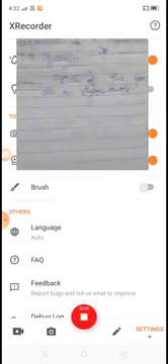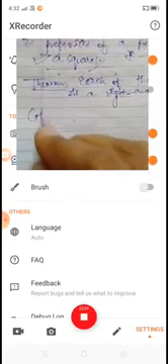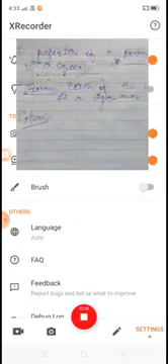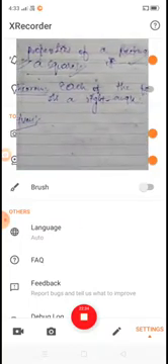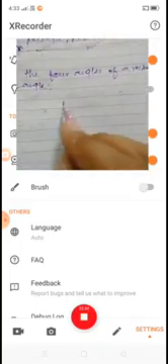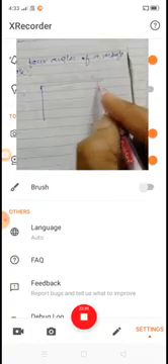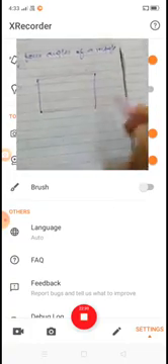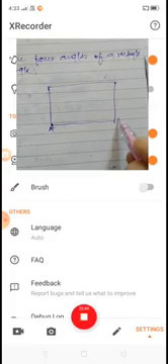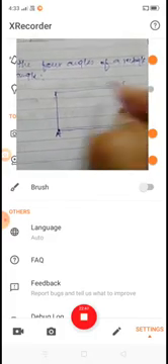Now let's prove. In proving the theorem, first of all we write given. First of all we draw a rectangle ABCD.